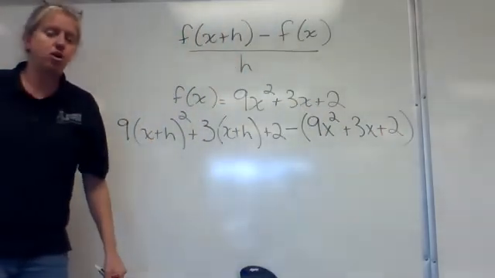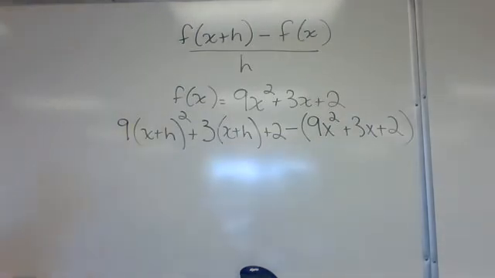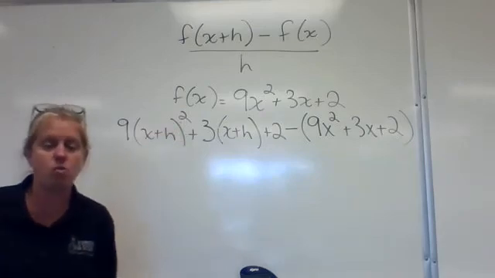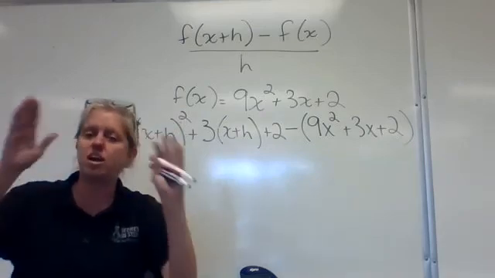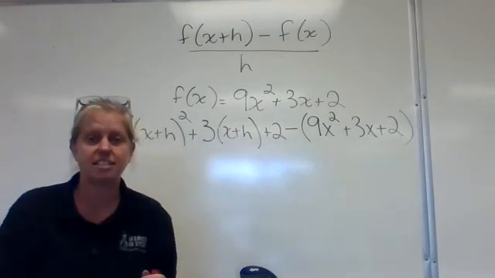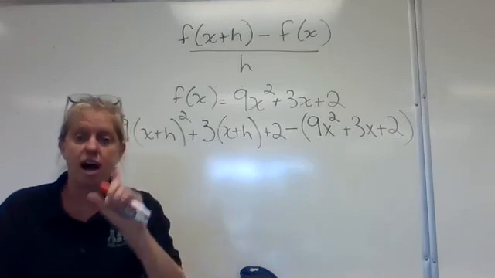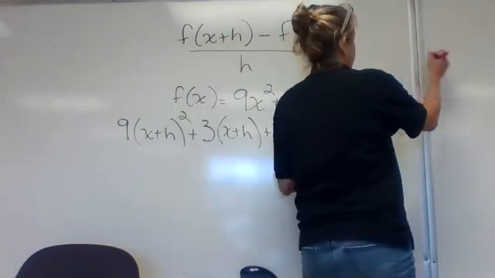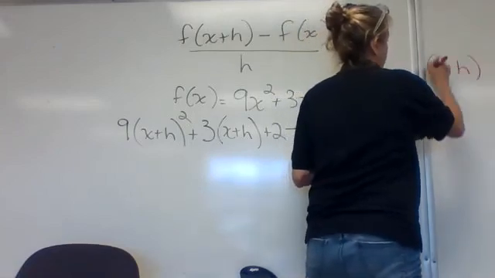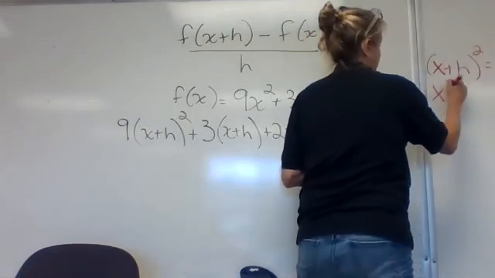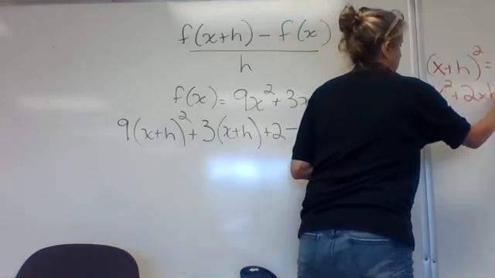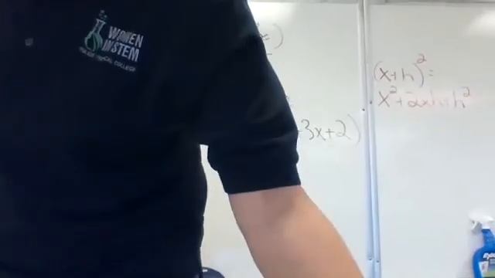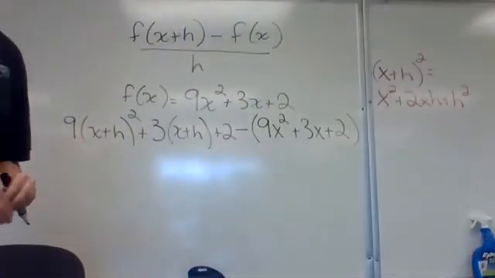Now, if you'll remember back when we did this section last week, we saved what x plus h squared was in our notes so that we don't have to FOIL that every single time. So I'm going to write what that was. Remember, so anytime you see x plus h squared, that's what you're putting in its place.